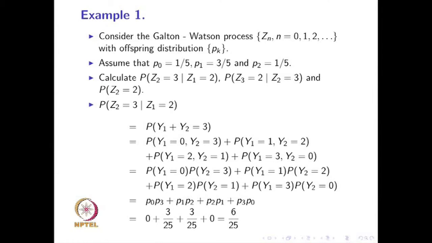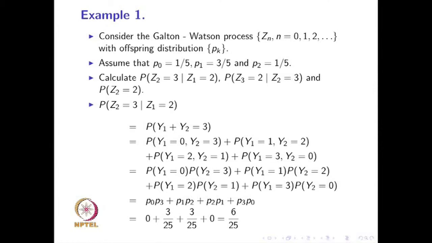So the conditional probability P of Z2 equal to 3 given Z1 equal to 2 is the same as the probability of Y1 plus Y2 equal to 3. That is possible either Y1 is equal to 0 and Y2 is equal to 3, or Y1 is equal to 1, Y2 is equal to 2, or Y1 is equal to 2 and Y2 is equal to 1, or Y1 is equal to 3 and Y2 is equal to 0.